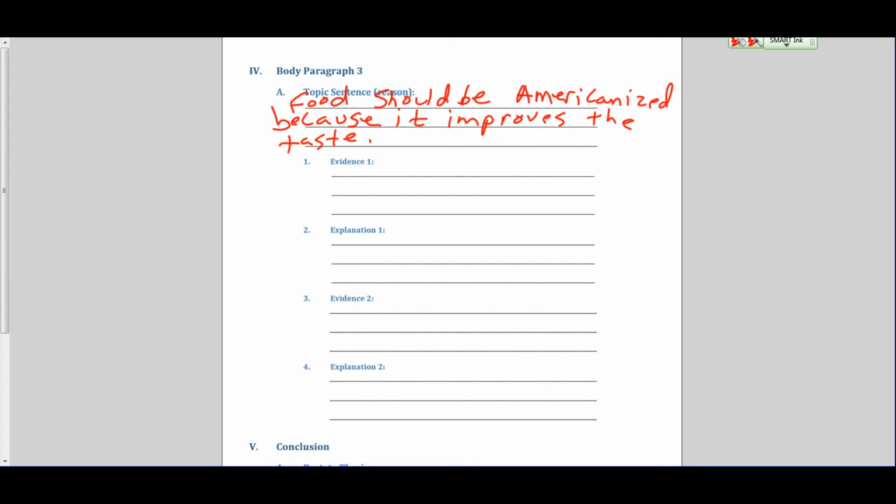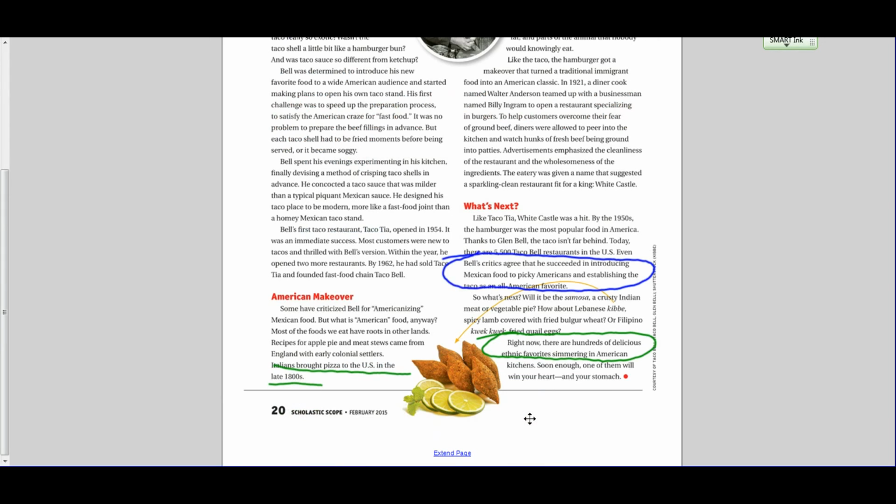My next job is to look for evidence from our article that proves this.